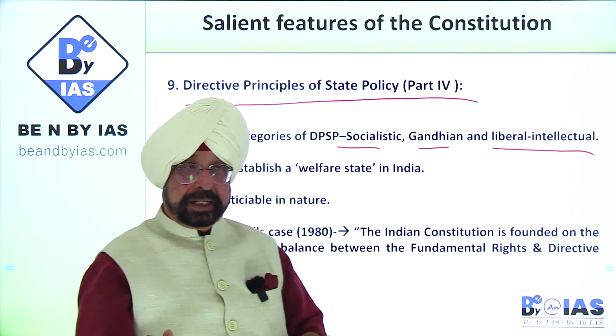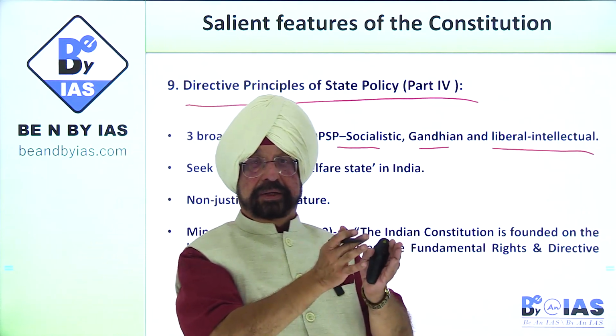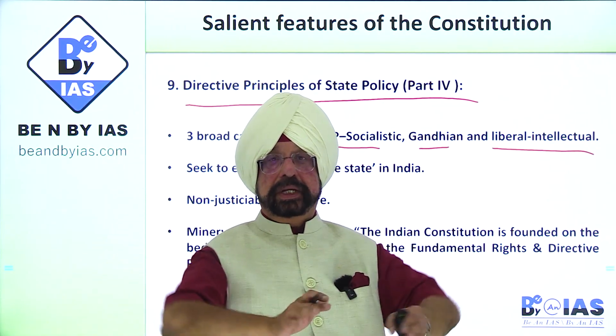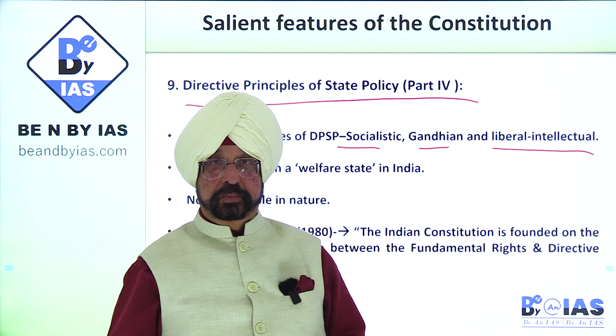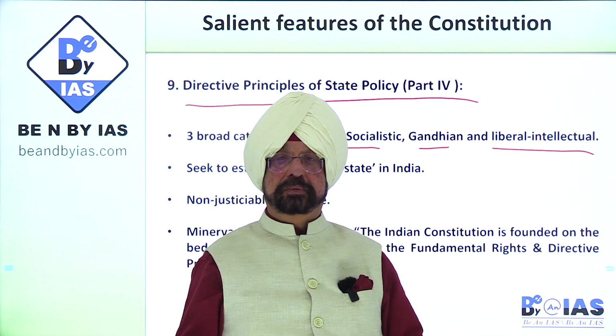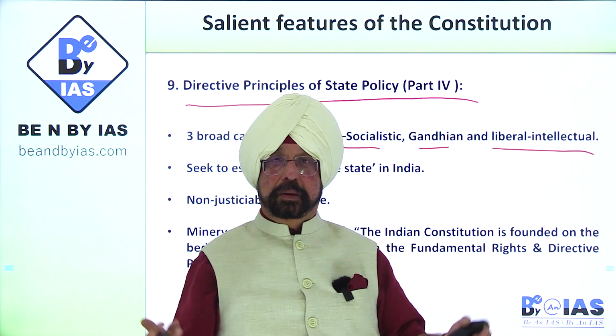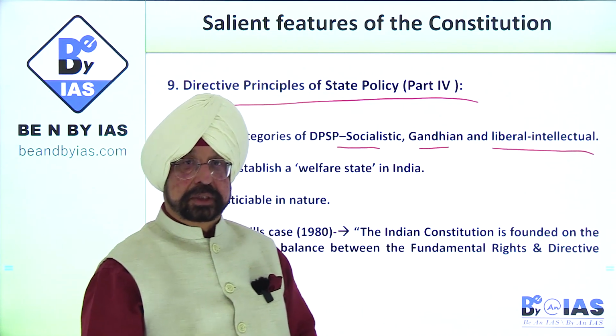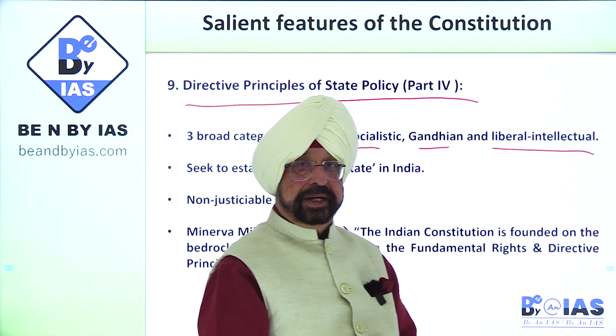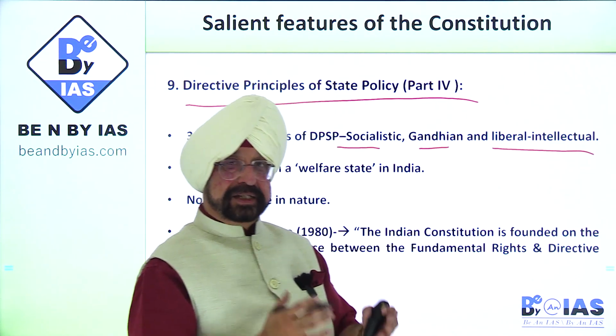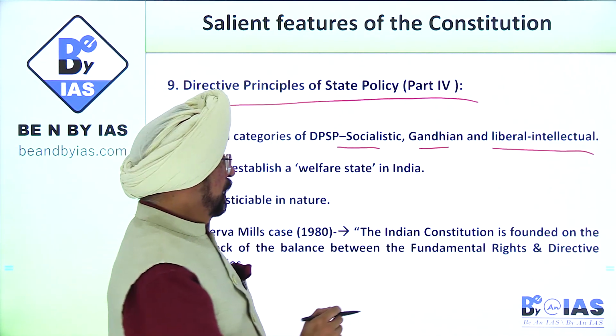That means there should not be concentration of wealth in few hands. That means there has to be an equitable distribution of the resources of the nation. Income, money, wealth should not concentrate in few hands. So that is the aim, that is the purpose.